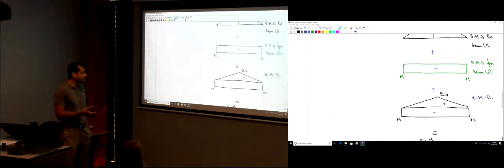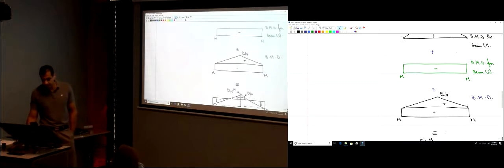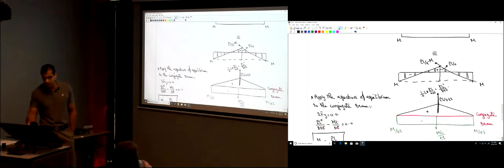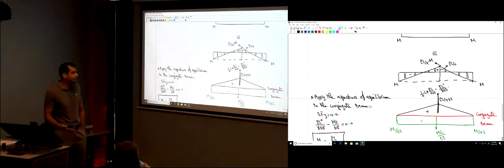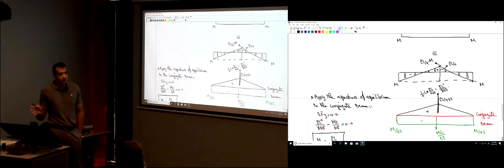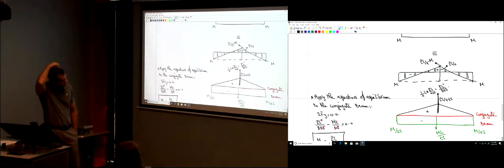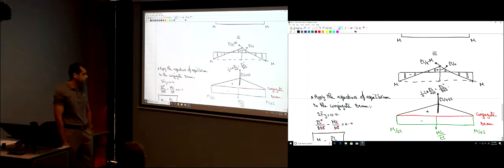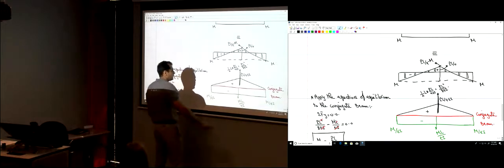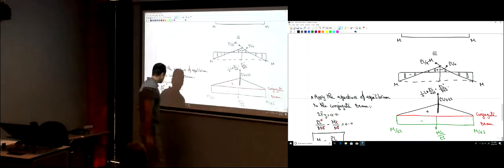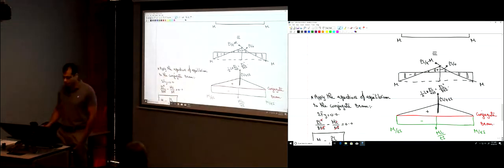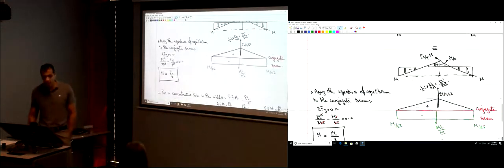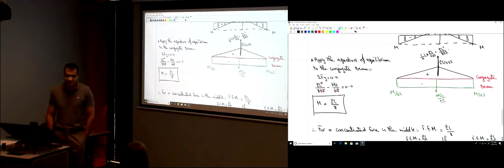Then we apply this on the conjugate beam. So this is the load now on the conjugate beam. The conjugate beam is just a free beam, with no supports. From the equilibrium of this conjugate beam, the summation of the forces is equal to 0. So we equated these forces to find the magnitude of that moment, and we realized that the fixed end moment is PL over 8.